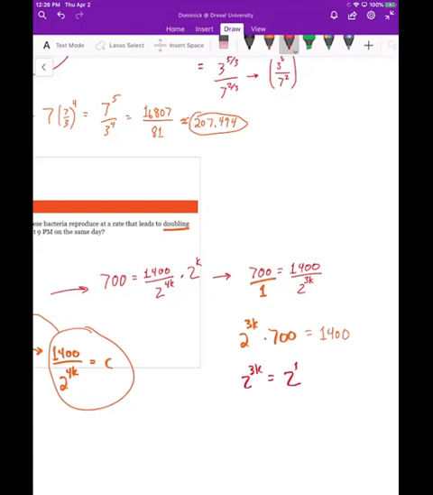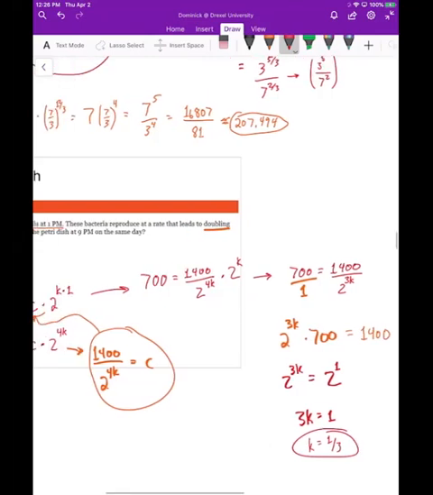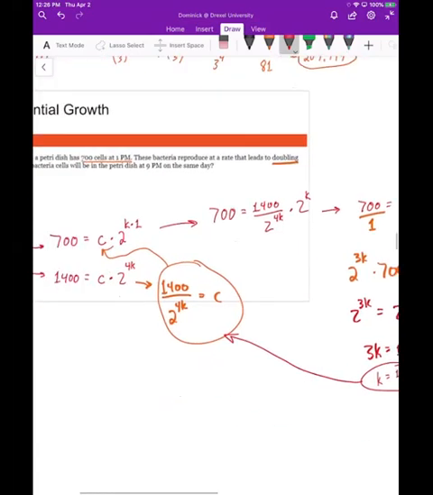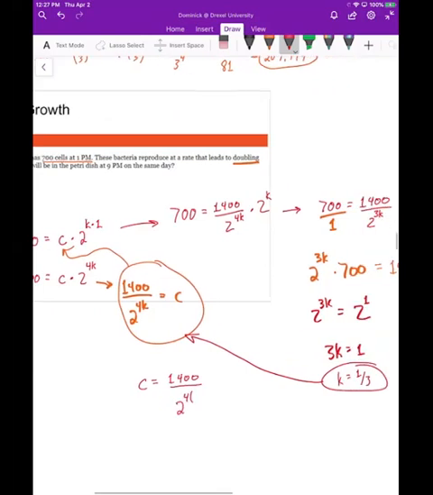This exponent is 1, so we get that 3K is equal to 1, so K is equal to 1/3. If K is equal to 1/3, I can use that to find C, and I'm going to get that C is equal to 1,400 over 2 to the 4 times 1/3, which is K. So we get that C is equal to 1,400 over 2 to the 4/3.